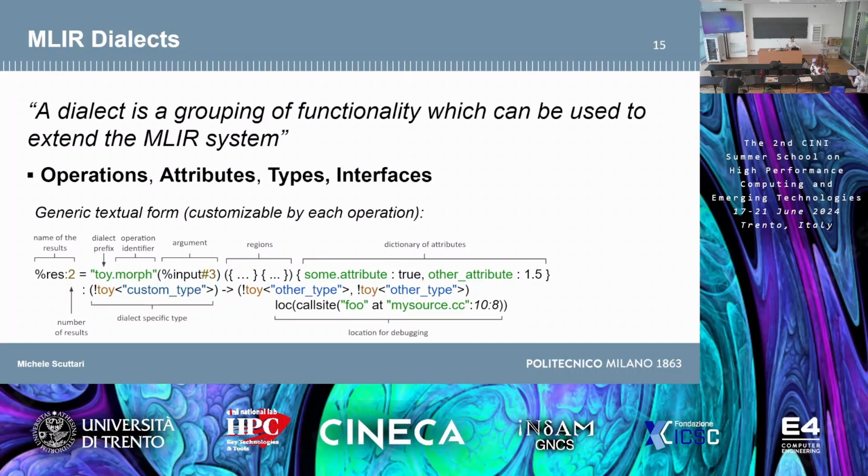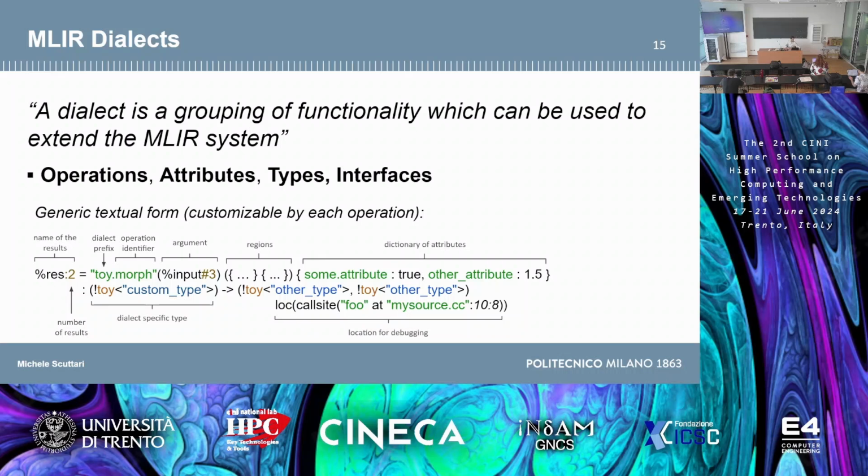Then you can have regions. Regions are blocks of code that can contain arbitrary stuff, so you can do whatever you can do within this operator. And then you have a set of attributes. This is a dictionary, so we have keys and values, and types.